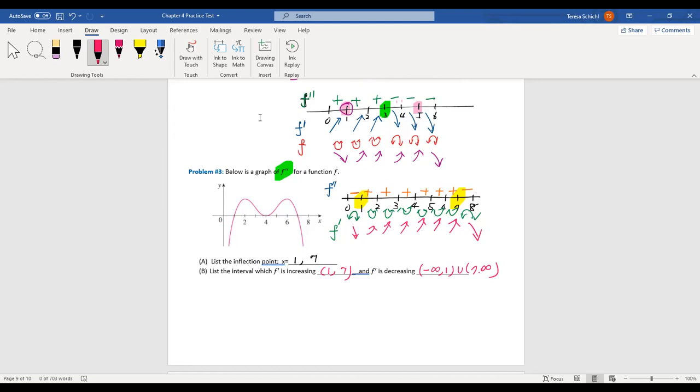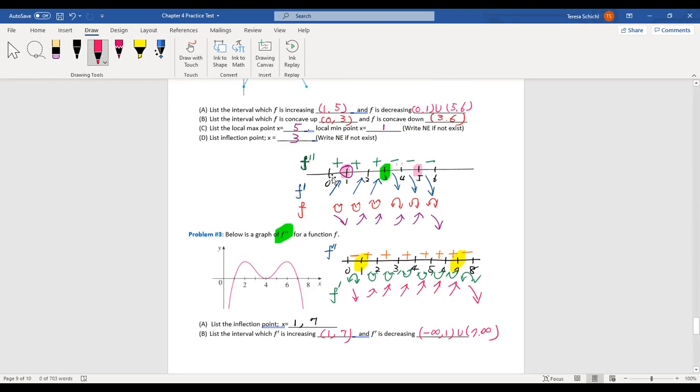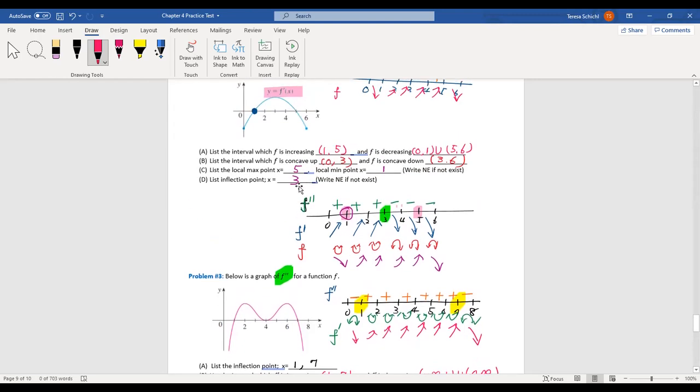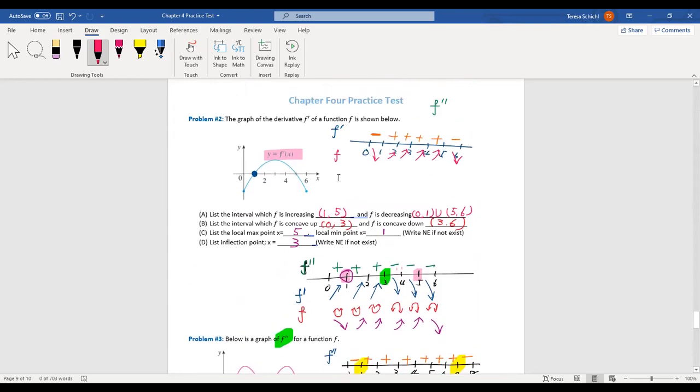Those two are very important, because if you understand the relation, then you truly understand the derivatives. What is the relation of f prime, f double prime, and f?